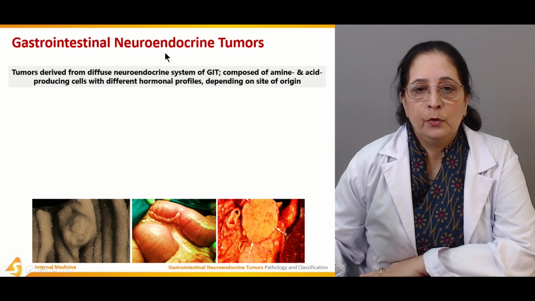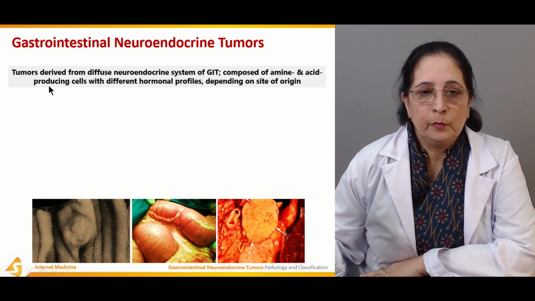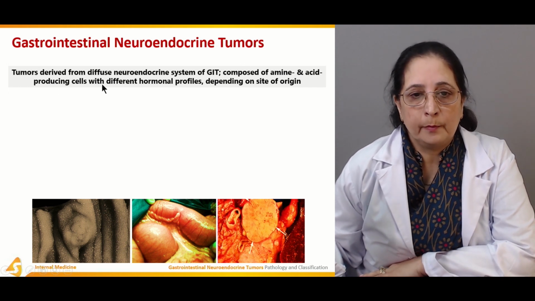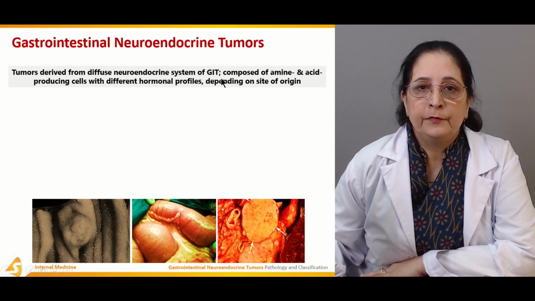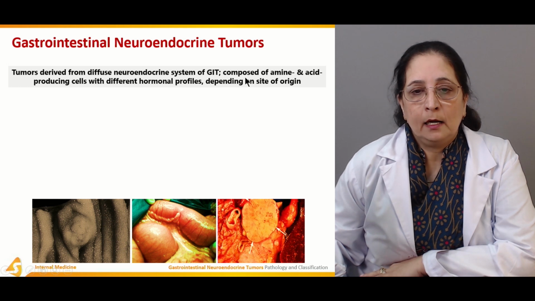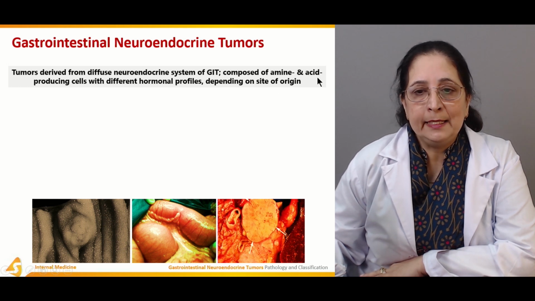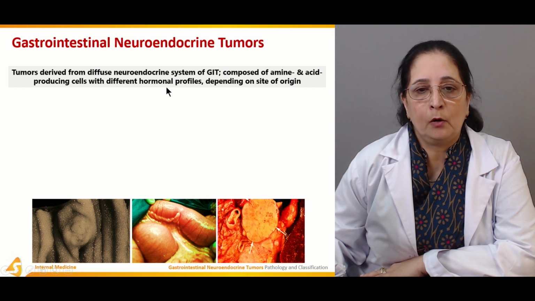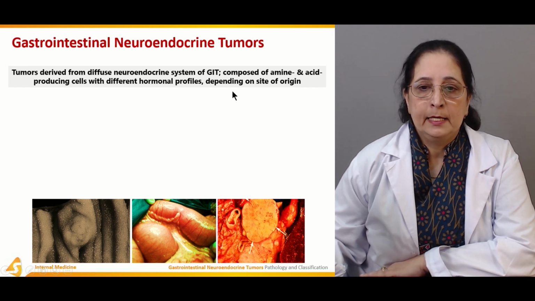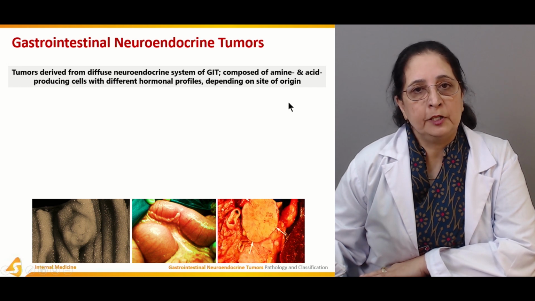Gastrointestinal neuroendocrine tumors are tumors that are derived from the diffuse neuroendocrine system of the GIT, and they are composed of amine and acid producing cells with different hormonal profiles depending on the site of origin.